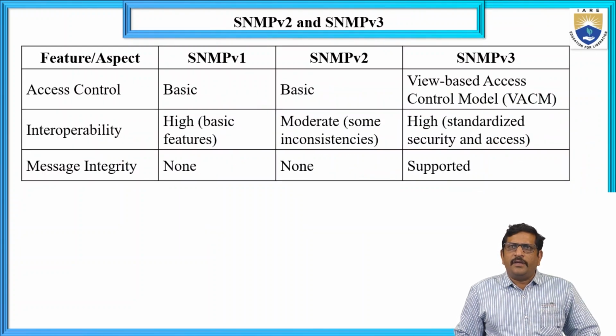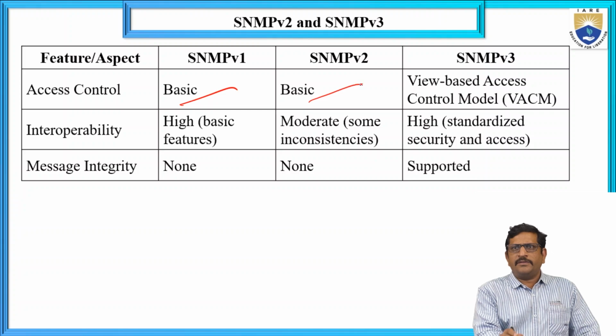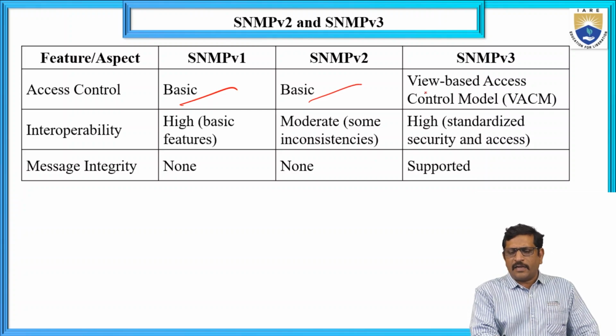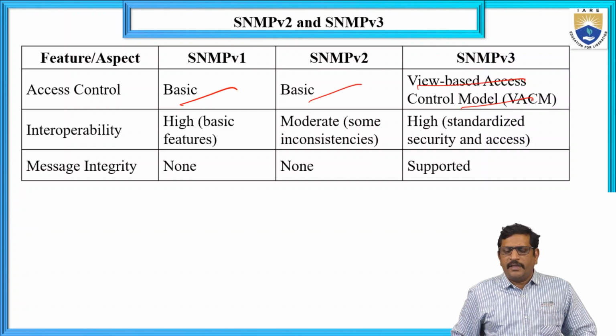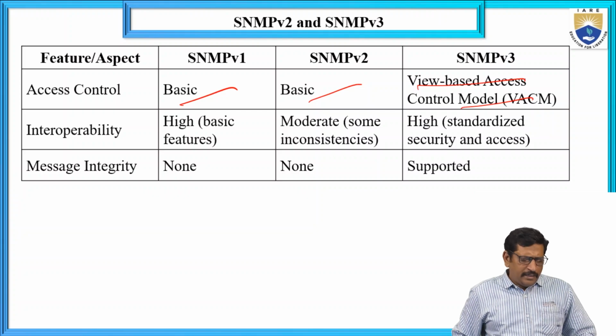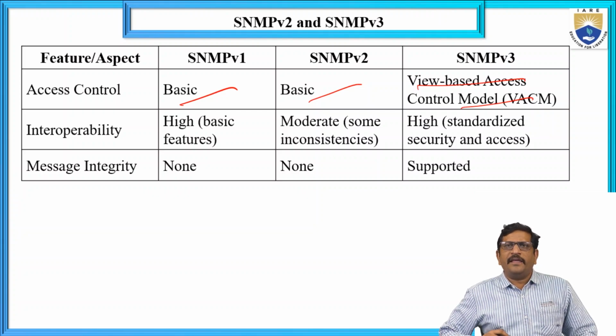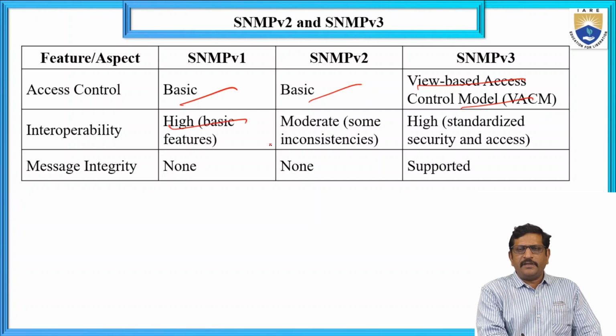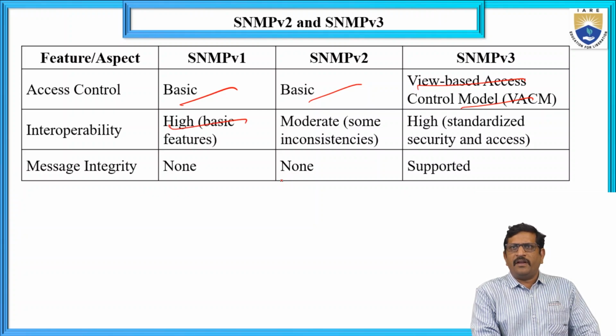For access control, the basic access control, general and view-based access control model can be utilized in SNMPv3. Interoperability, that means here very high. Interoperability is very high in SNMPv1. And in SNMPv2, the interoperability is moderate. Some inconsistencies will arise.